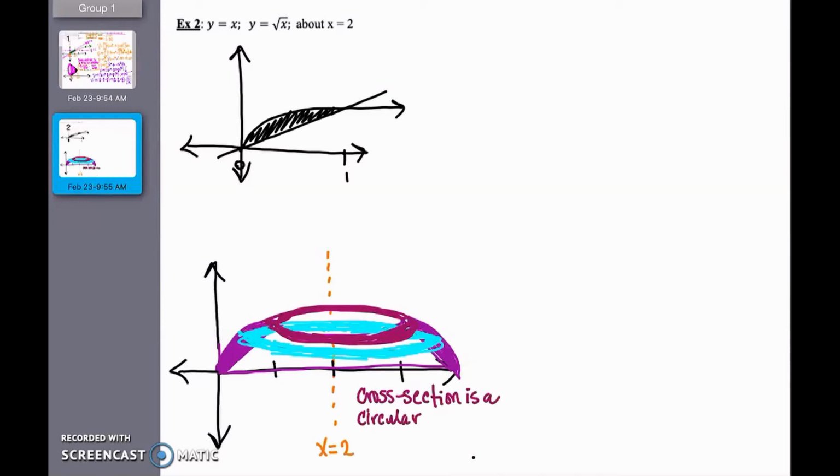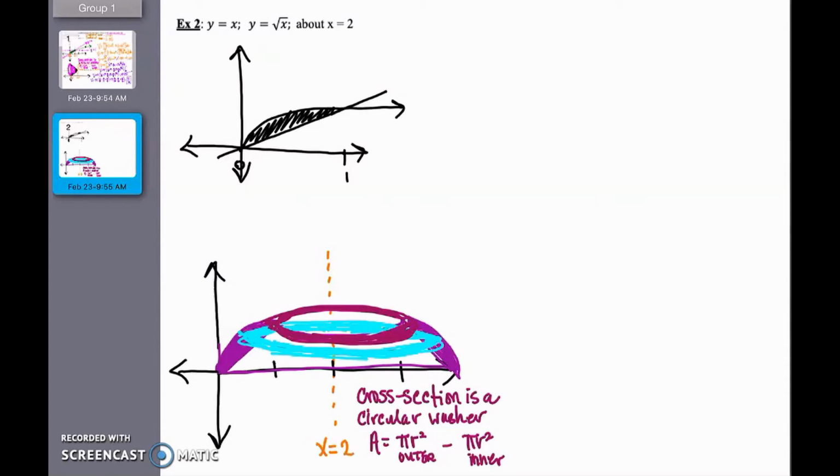And we know that when we have a washer as our cross section, our area equation is always going to be area of a circle, so pi r squared of the outer minus pi r squared of the inner, right?